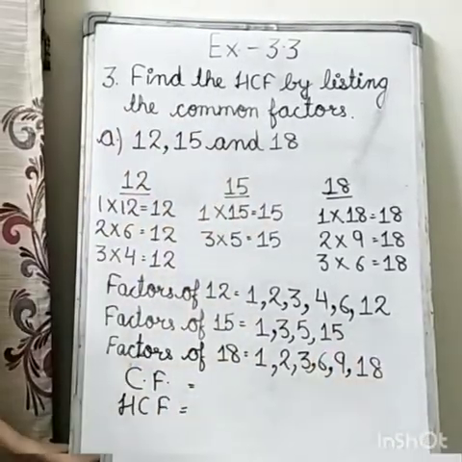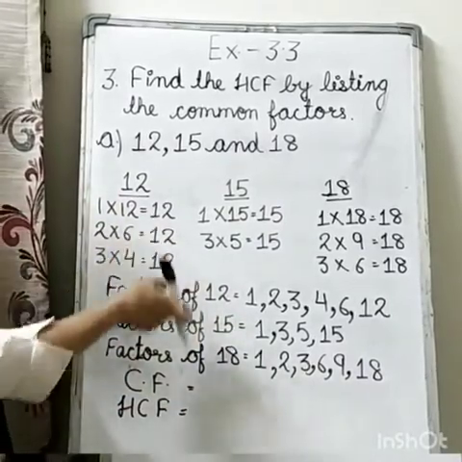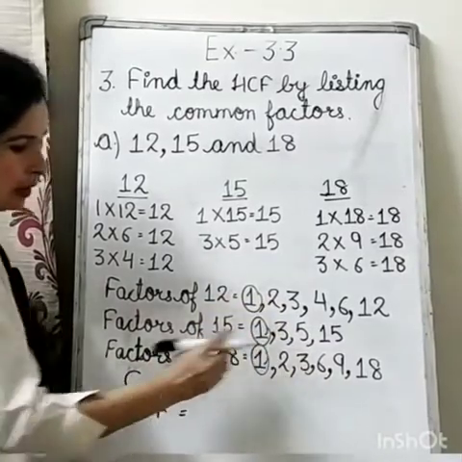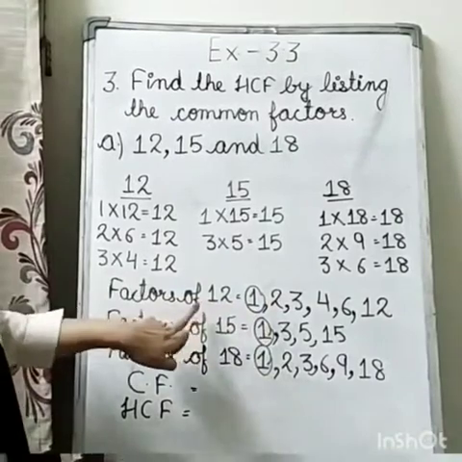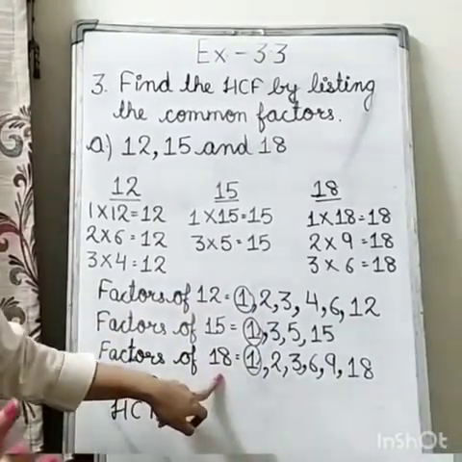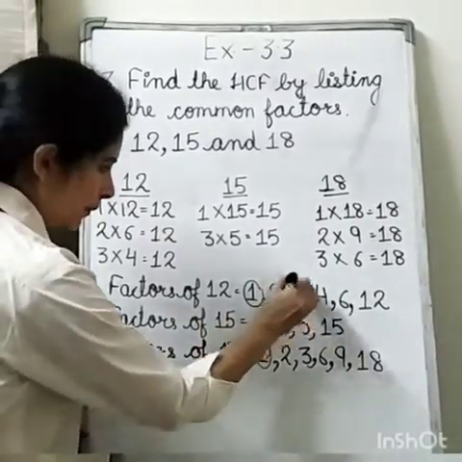Now, common factors. Common means which is common in these three numbers. Like 1 is in all, so this is a common factor. 2 is the factor of 12 and 18, but not of 15. So that is not a common factor. 3.